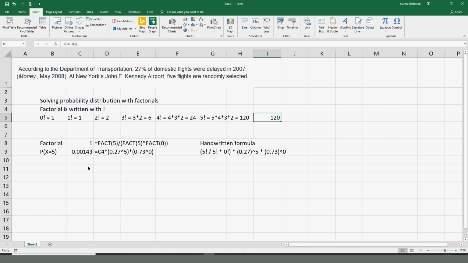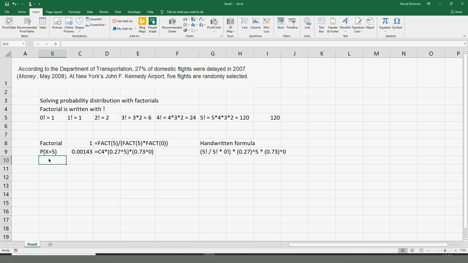So when we have a probability, in this particular case, we know that 27% of the flights were delayed. And we want to know what the probability of 5 randomly selected flights would be all delayed or not delayed at all. So we write that as, what's the probability that X, as in the number of flights that were selected, equals 5.